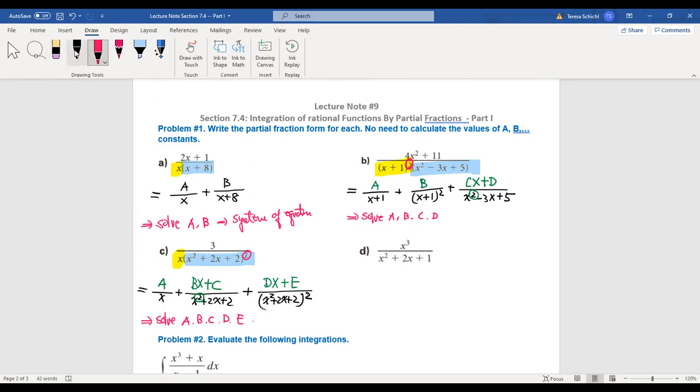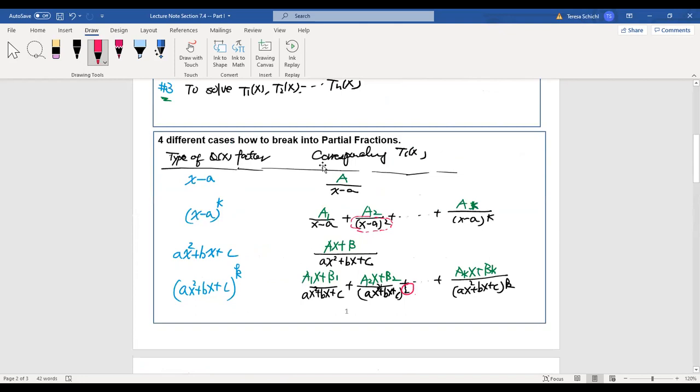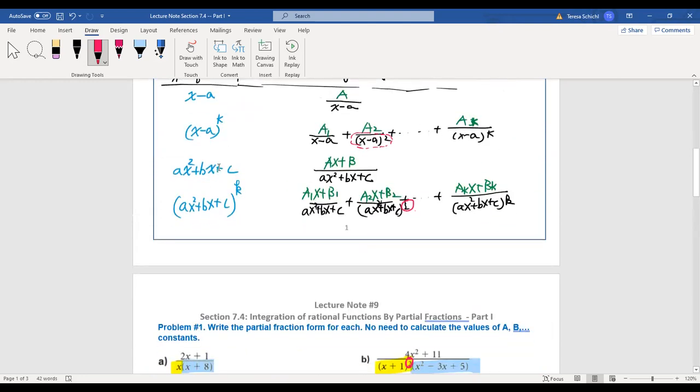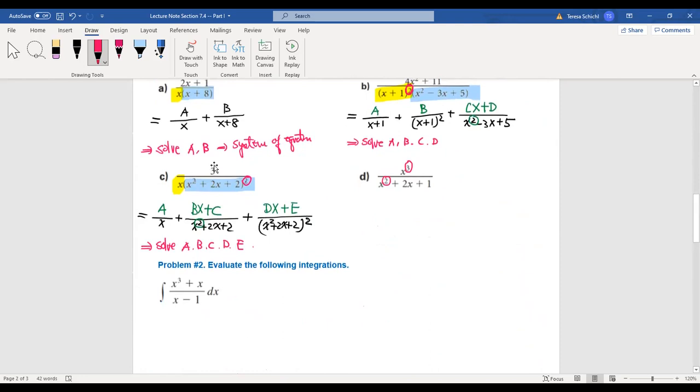Okay, so let's take a look at these ones here. For these ones, the numerator is x cubed, the highest power, and the denominator is x squared. Then you will say, if you go back to the steps here, the first step is: if the degree of the polynomial on top is bigger than the bottom, what do we need to do?